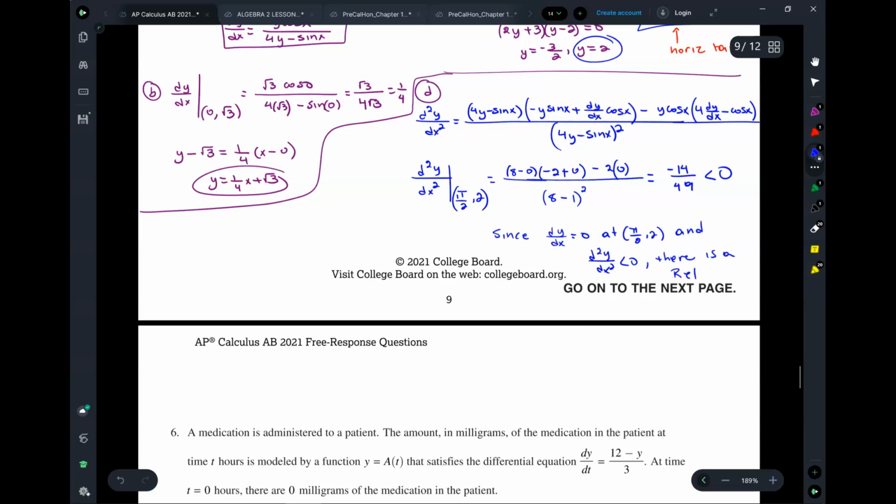So if the concavity is negative, it's concave down, so there is a relative maximum. Okay, and I think we'll stop here today.